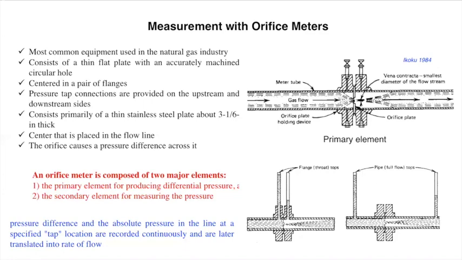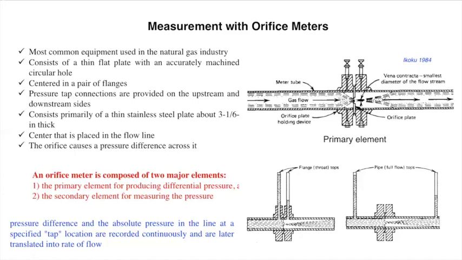Generally in all kinds of measurement, we want the pressure difference. Now how is this pressure difference created? We need to bring in some kind of restriction that generates the pressure difference. Here we bring the restriction in the form of the orifice meter, and this generates the pressure difference, which is then measured, right?